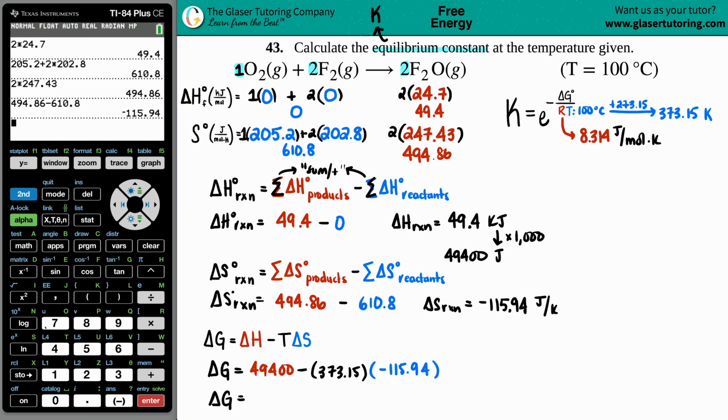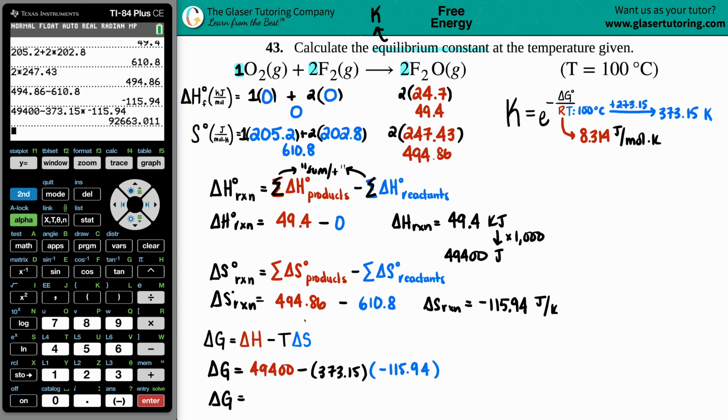So let's see. We're going to take the 49,400 minus 373.15 times that number, the negative 115.94. Press enter.